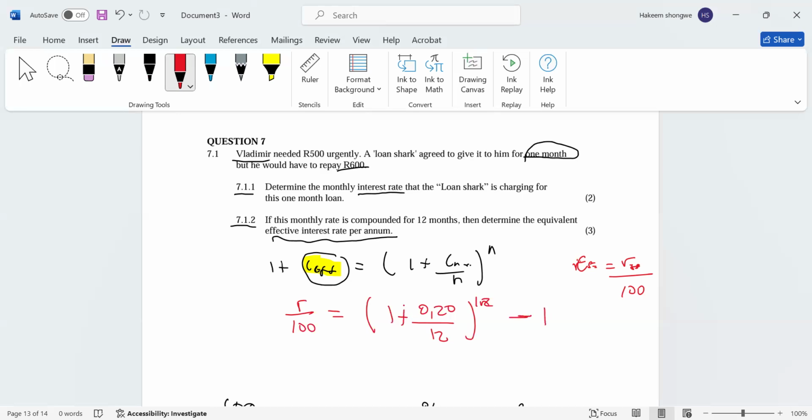Then we get the answer and multiply by 100. Then r is going to be equal to 21.55%.